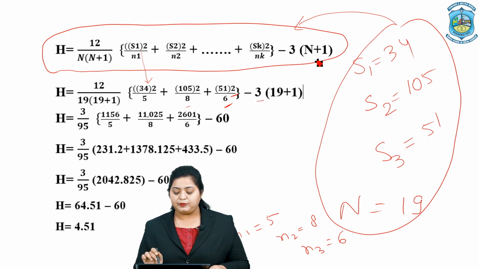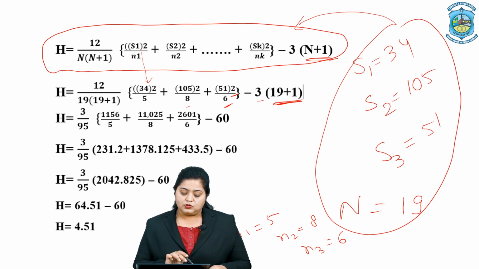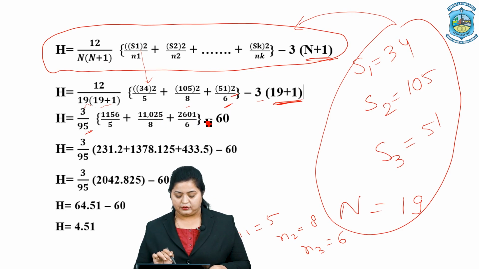Minus 3 times N plus 1, that means 19 plus 1, which is 20, so 20 multiplied by 19 is 95. Square of 34 is 1156, square of 105 is 11025 and the square of 51 is 2601.